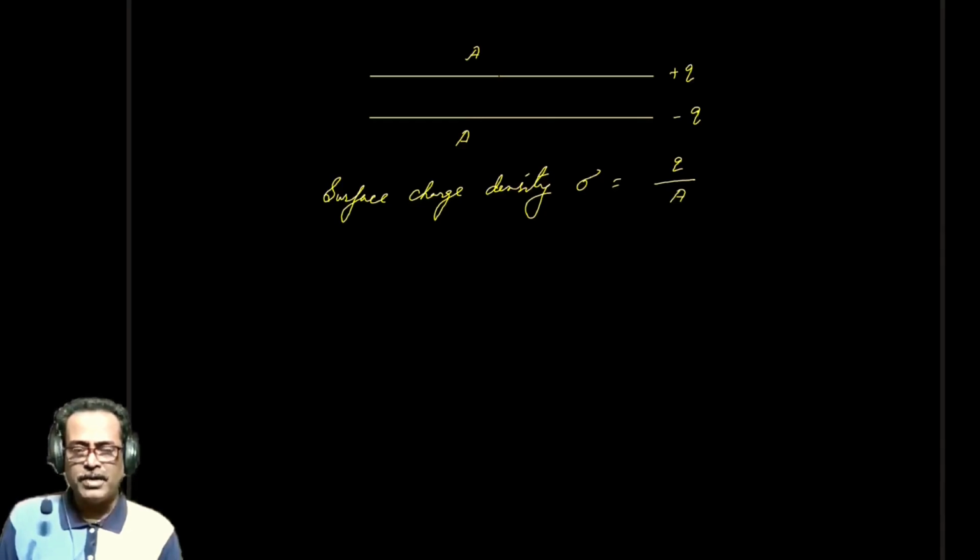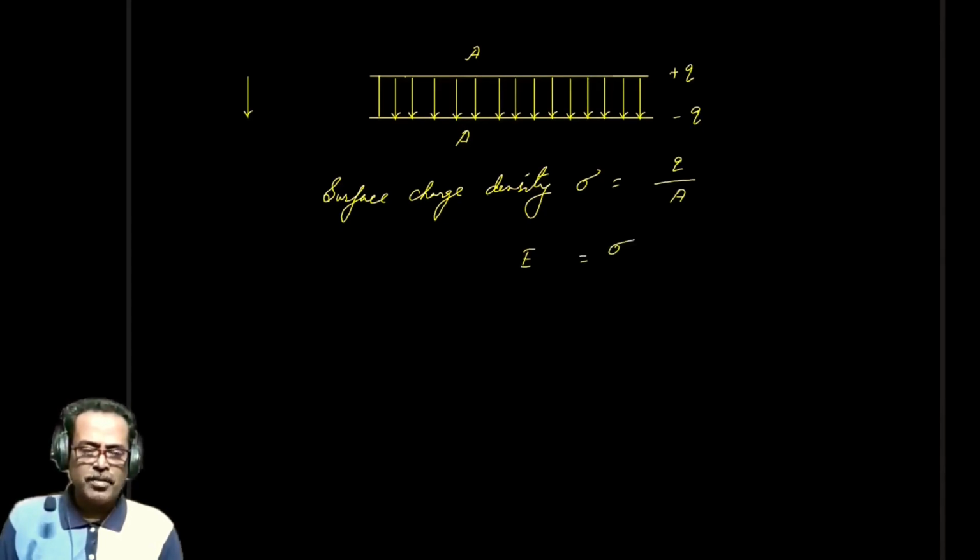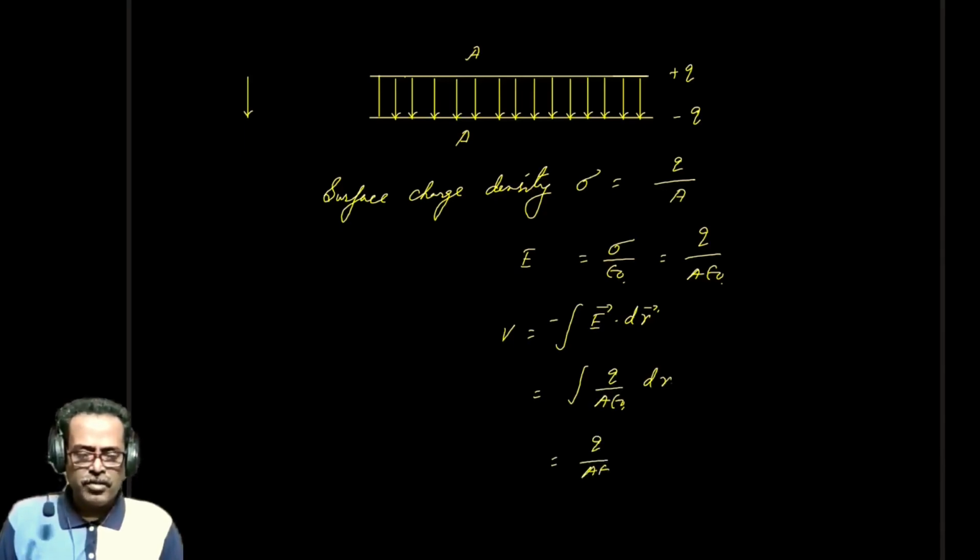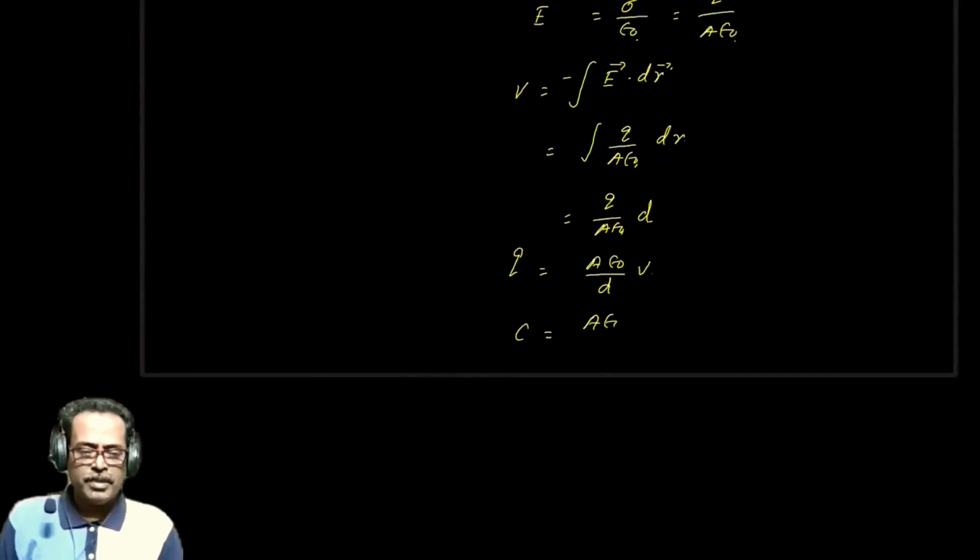So we can say that field lines start from the positive plate, therefore the field inside the parallel plates is E = σ/ε0 = Q/(Aε0), and the potential difference is V = integration of E dr = Q/(Aε0) times d, where d is the separation of the plates. Therefore, Q = Aε0/d times V. Therefore, C = Aε0/d.